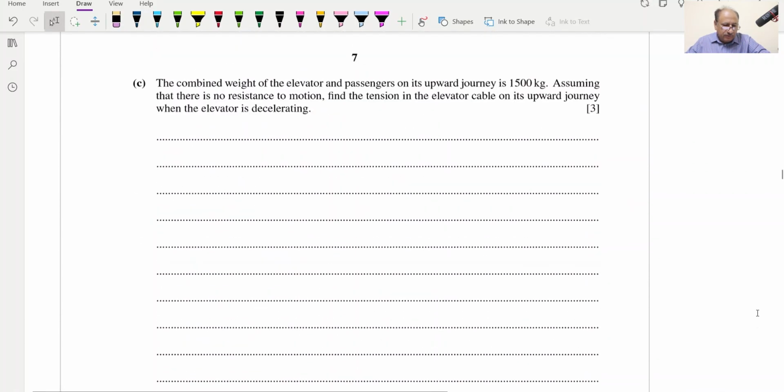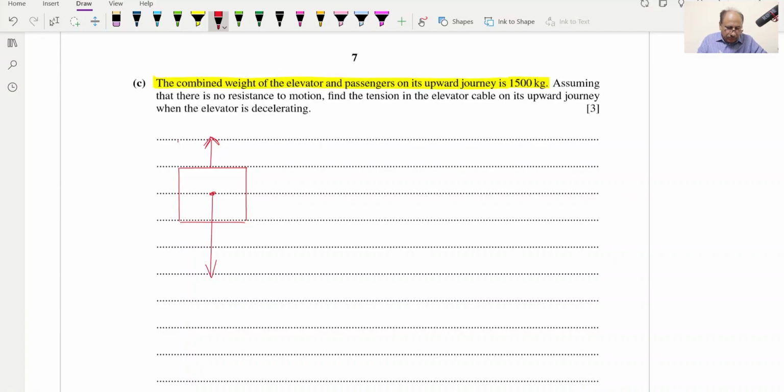Now the C part. The combined weight of the elevator and passengers on its upward journey is 1500 kg. You have to keep in mind the journey is upward, and say this is the elevator and the combined weight. There will be tension in the string, which will be upward, and the weight will act downward from the center of mass.